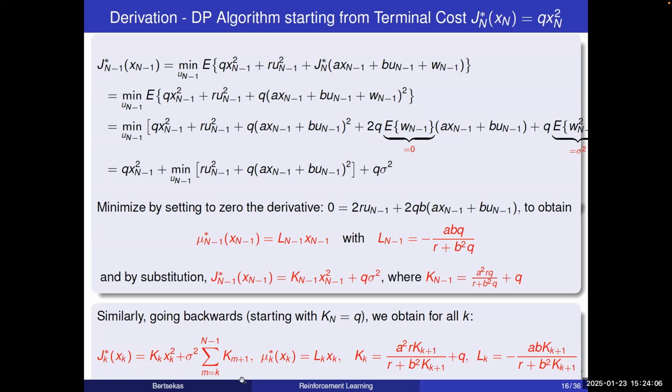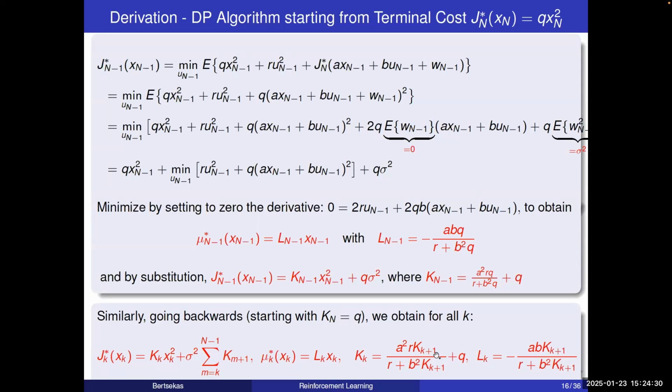The optimal cost of the tail subproblems is quadratic in the state, plus a constant term that depends on the variance of the W's. And the optimal policy is linear, and the coefficient of the linear expression is given by this.